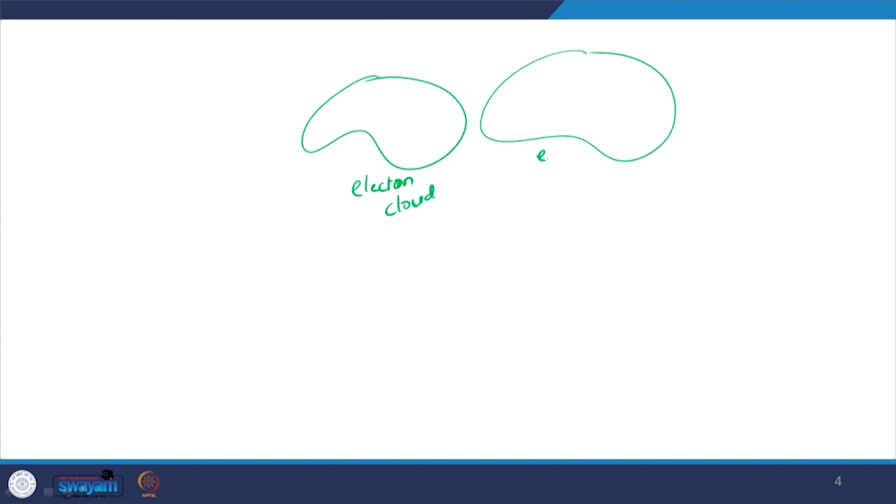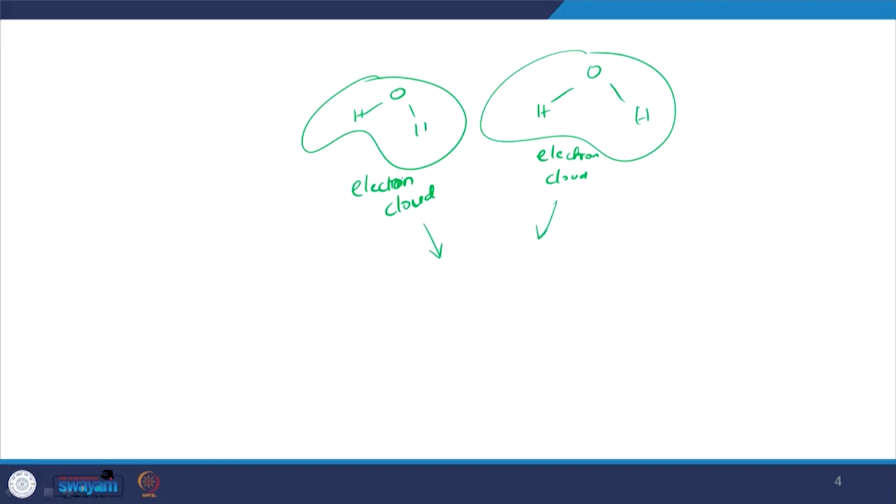If I really zoom in and am able to see the molecules, let's say even two water molecules, we are in fact dealing with interaction between two electron clouds.